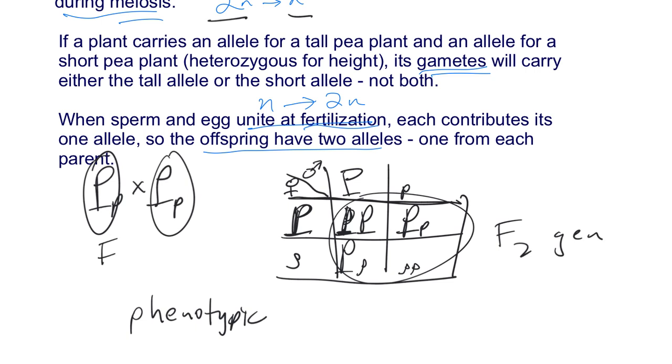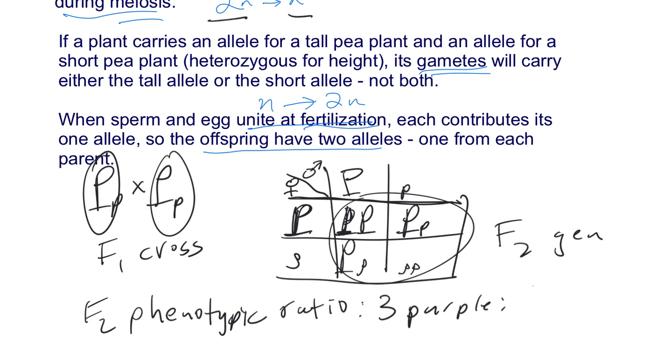This would be an F1 cross of the two hybrids. Okay, so the phenotypic ratio in the offspring would be what? 3 purples to 1 white. Right there, that 1 white one.